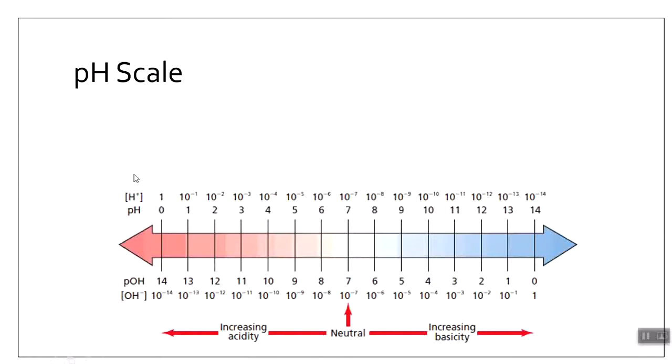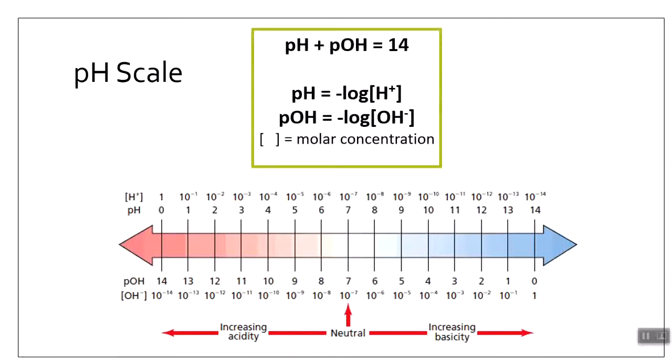So here on this scale, and we'll talk about the bottom part in a little bit, we see our normal pH 0 to 14, and right above it, this is the concentration of hydrogen ions. So the brackets is just another symbol to indicate concentration, so molarity, okay? So if we have the brackets, we just don't write the unit molarity.